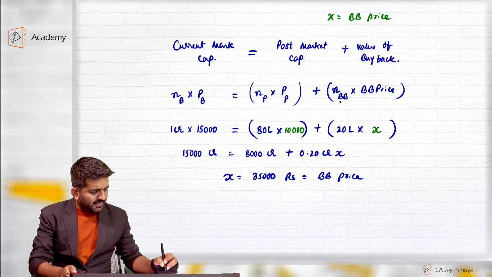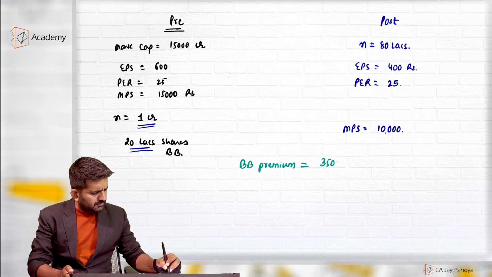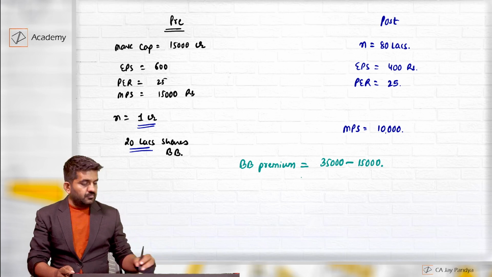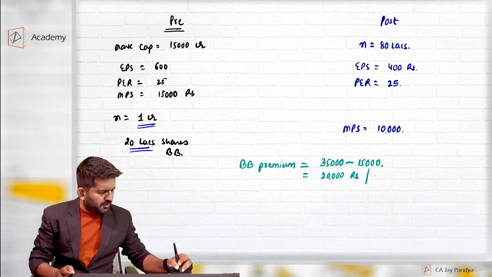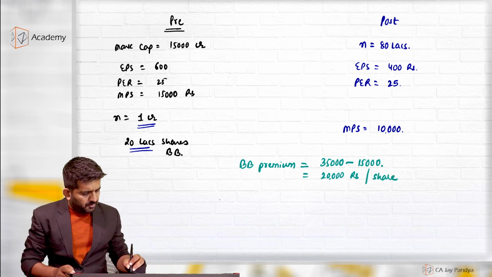What is the buyback price in our case? Buyback price is 35,000. What is the current market price of the share? 15,000. What is the buyback premium? 20,000 rupees per share. How many shares are bought back?